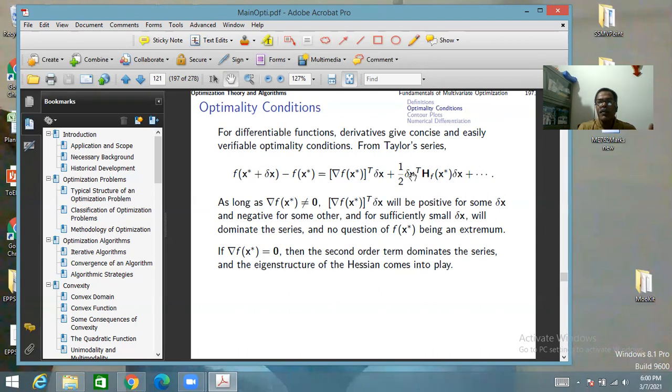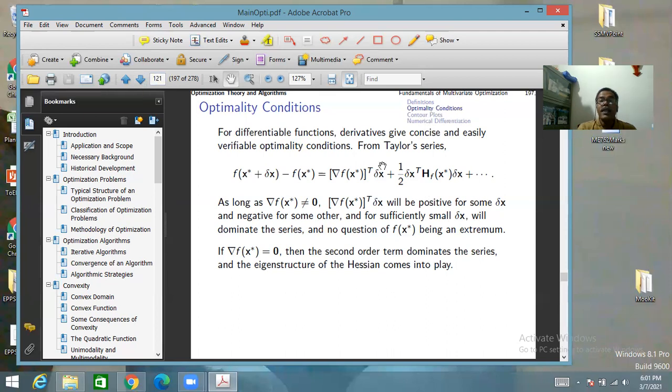So if for some delta x this term is positive, then for exactly the negative delta x also, it will be positive. Okay. So the second order term dominates the series and its eigenstructure will come into play. That is, how are its eigenvalues.